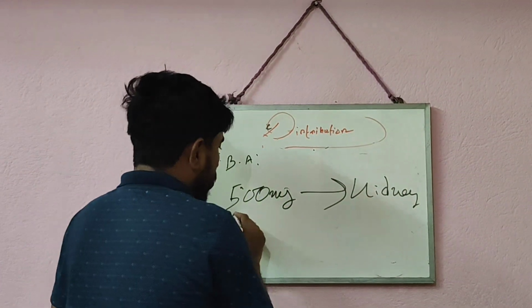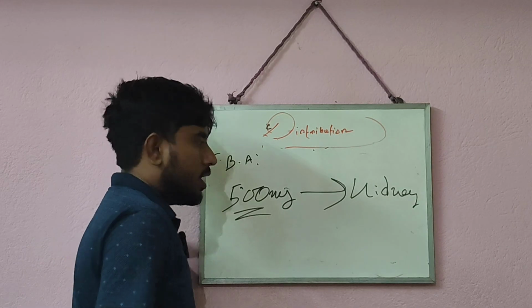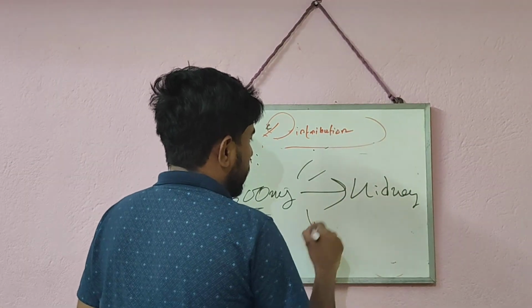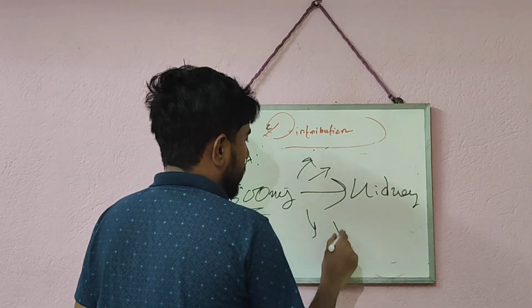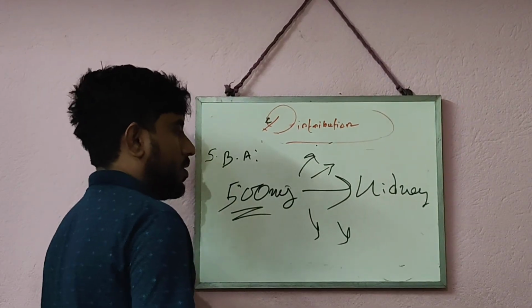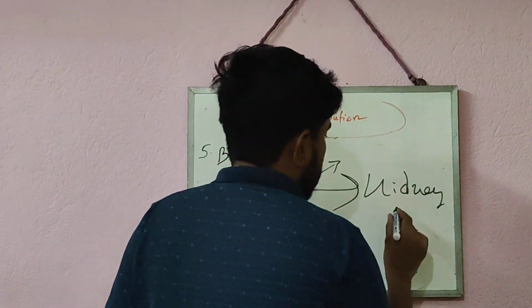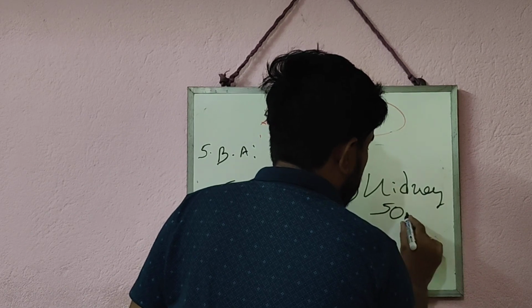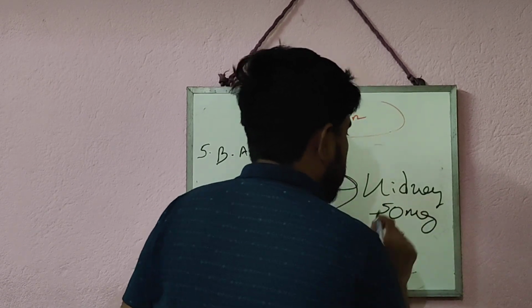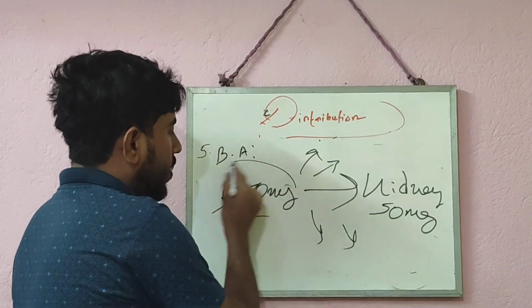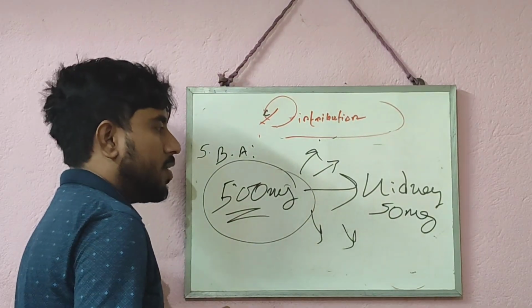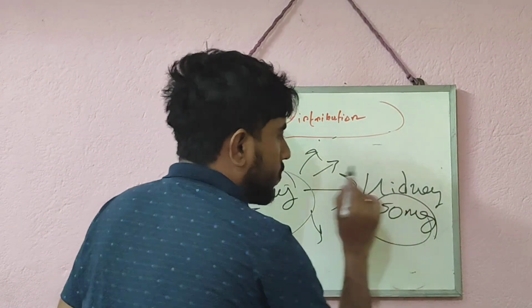But that whole 500 mg will not go to the kidney. In that pathway, different usage will be there, metabolism will be there, everything will be there. Some part will also be excreted out. Out of that 500 mg, only, suppose, 50 mg will reach the kidney.